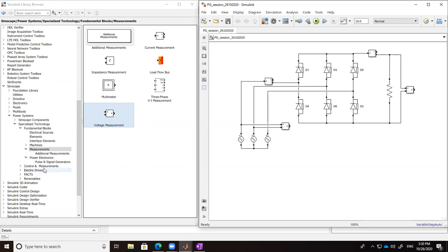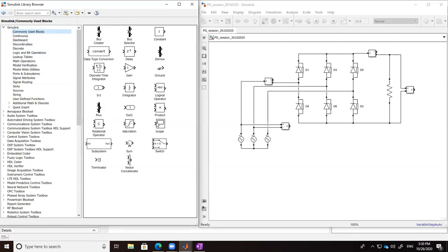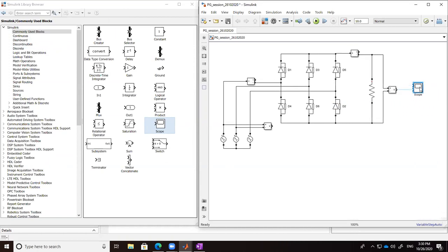And now I need an oscilloscope to measure my signals. So I go to commonly used blocks. Okay. Go to commonly used blocks, bring a scope here.